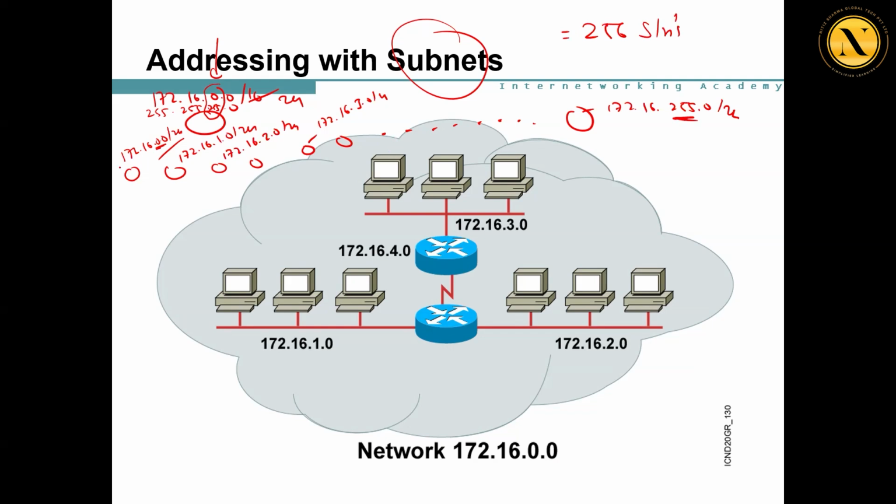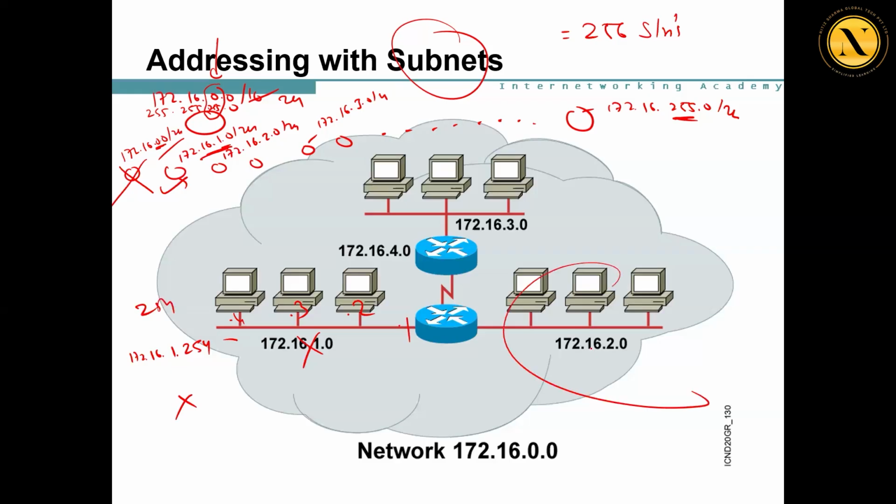So here they have not used the first one. They have started with 172.16.1.0. You can't use this. 1.1, 1.2, 1.3, 1.4 like this, up to 172.16.1.254. You can't use 1.255. Correct? So you'll get 254.